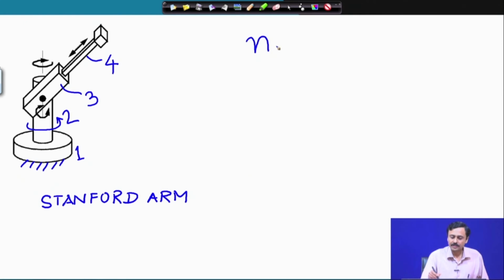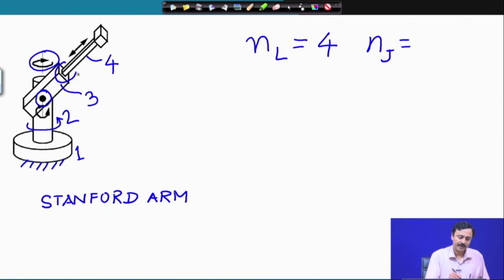So, in this case, number of links is equal to 4. Number of joints: as you can see, there is one revolute joint here, another revolute joint here, and one prismatic joint here.